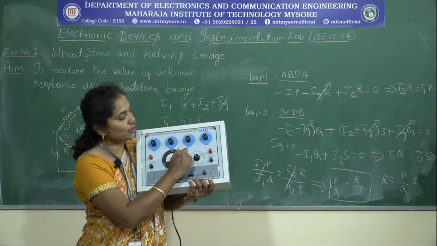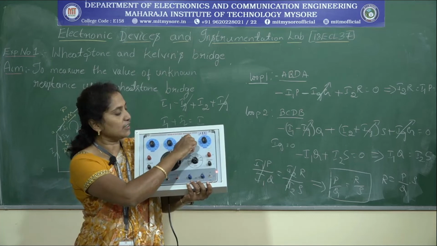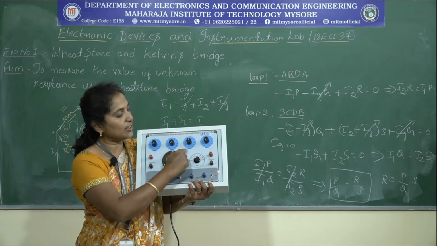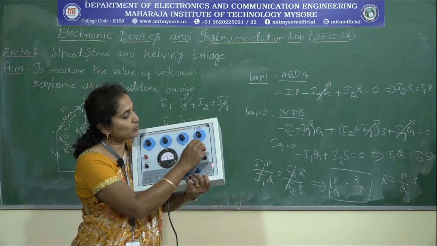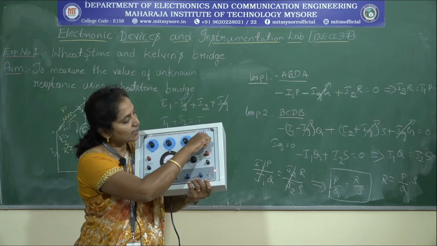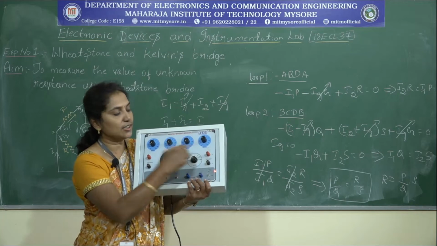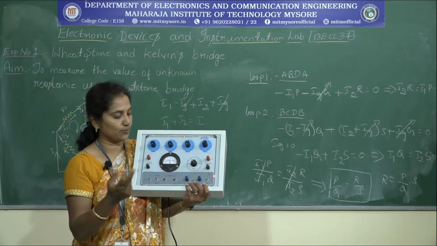If you want to vary in the range of 10 ohms, you can vary here. It is 5 here, the knob is showing 5 into 10 ohm is equal to 50 ohm. At the same time, in the range of 1 ohm, 3 into 1 ohm is equal to 3 ohm.